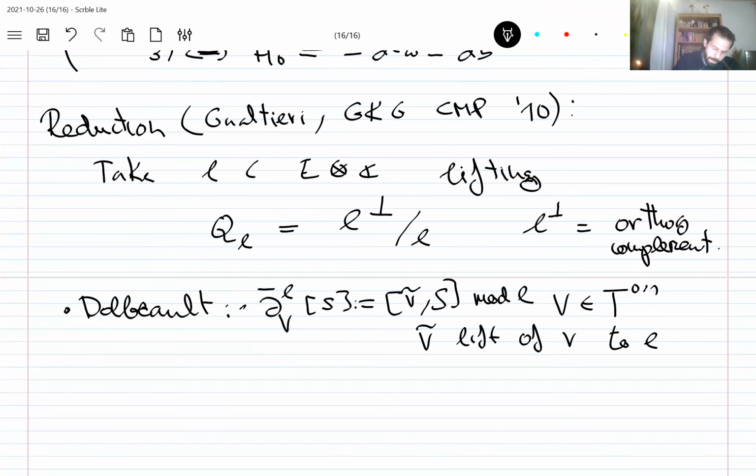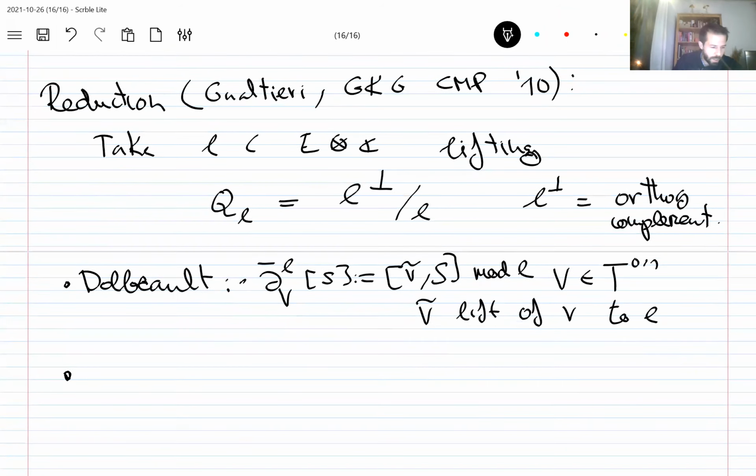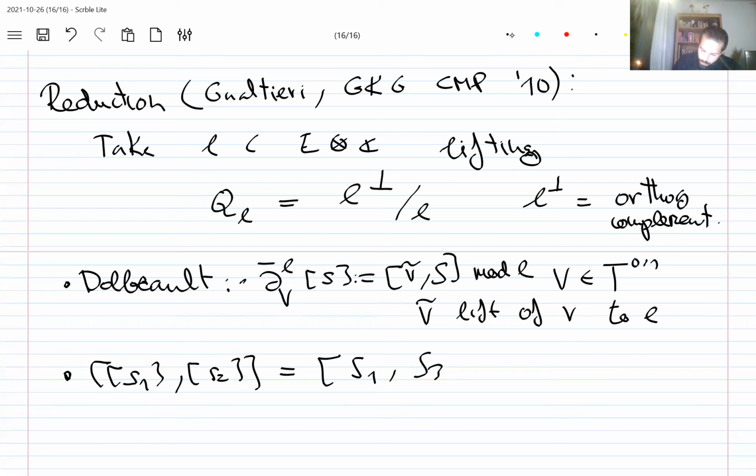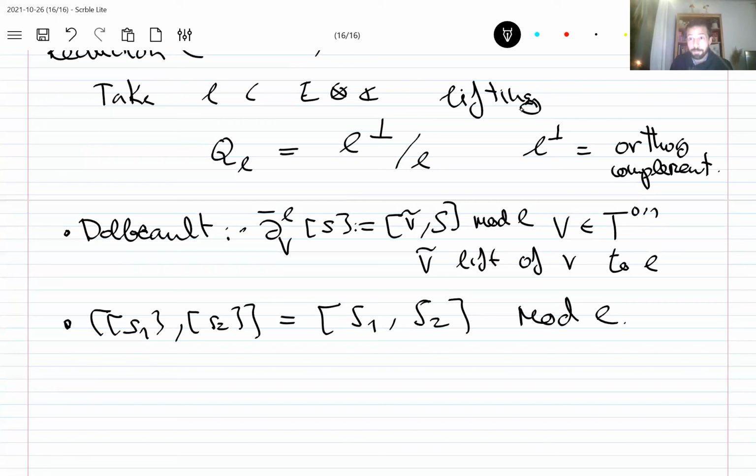And now one can check that on holomorphic sections, one actually has a well-defined bracket. So the bracket of the class of S1, class of S2 is the class of the bracket of S1, S2, or if you want, S1, S2 mod L. And again, this is an exercise to check that this is well defined on holomorphic sections.